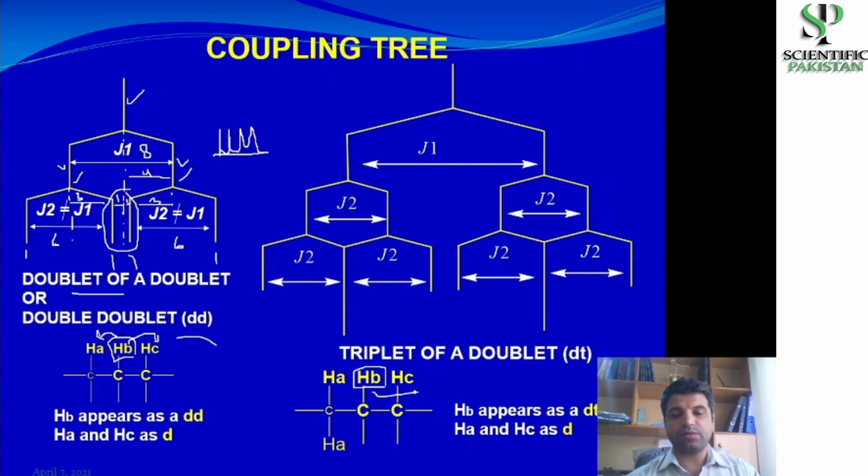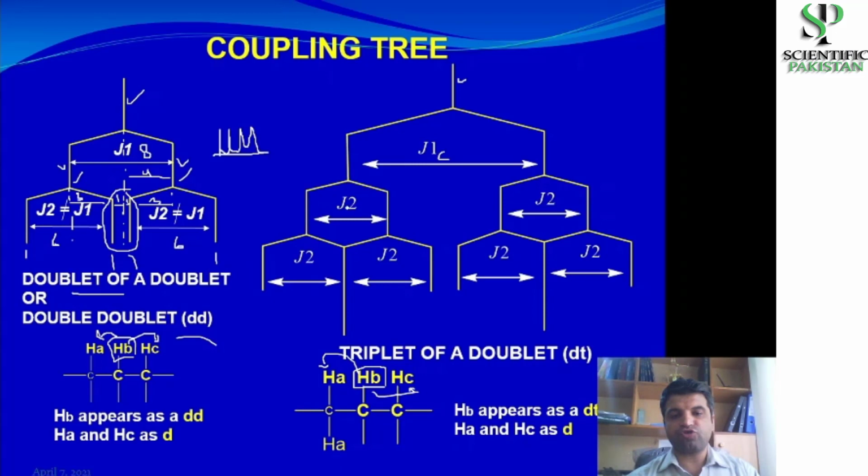If it first couples with HC, it will give a doublet. So we start off again with a single line and split it into 2, and that is J1 because of HC. And then this HB couples with HA. Each of these two lines will be split into 3 because of these two HA.